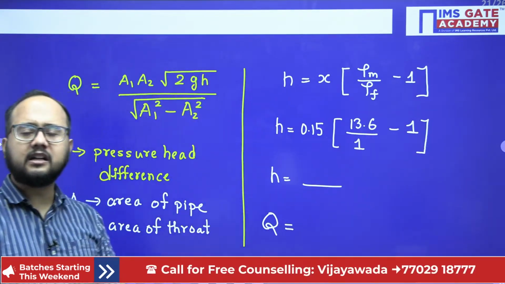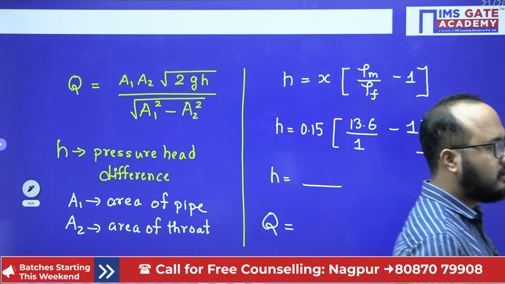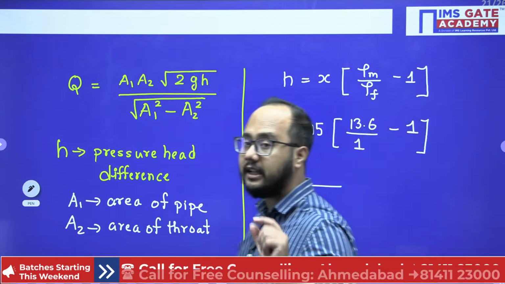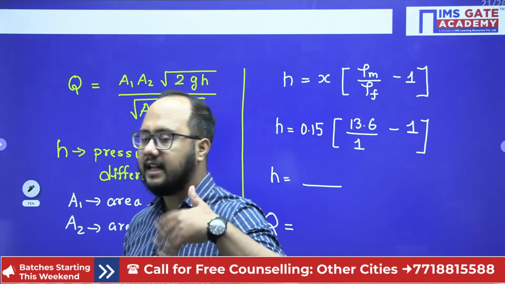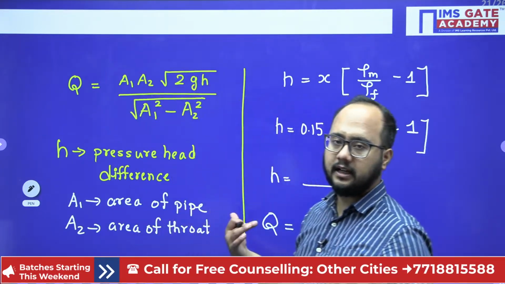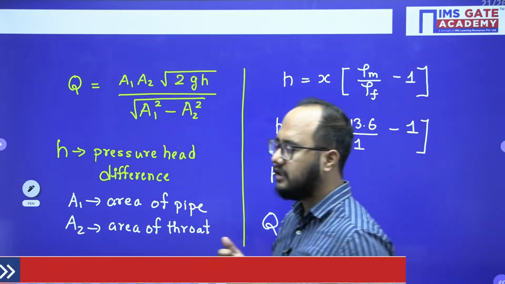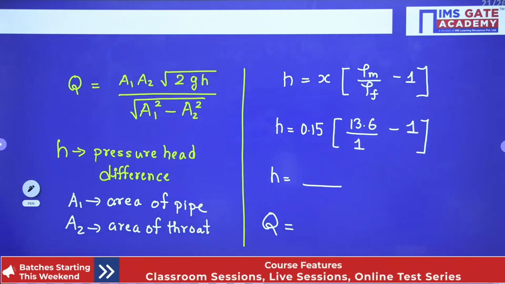A direct, straightforward formula-based numerical they have asked from this venturimeter. Everyone please try and tell me the answer, and please remember they have asked the answer in liter per second. The answer we get in meter cube per second, the discharge, we need to convert into liter per second, right? Tell me what will be the answer, guys. Please try it fast.